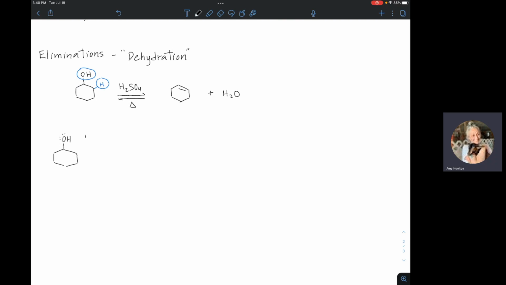So here, and I'll just draw H plus instead of H2SO4, right? It is a source of H plus after it protonates the water. So really it could be H plus, H3O plus, or you could draw H2SO4. But we're essentially going to be protonating the hydroxyl group to create a good leaving group.